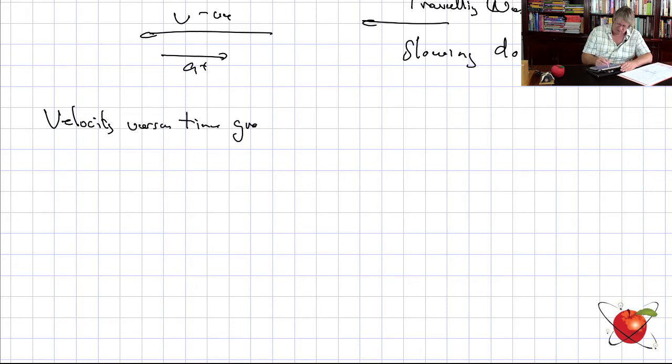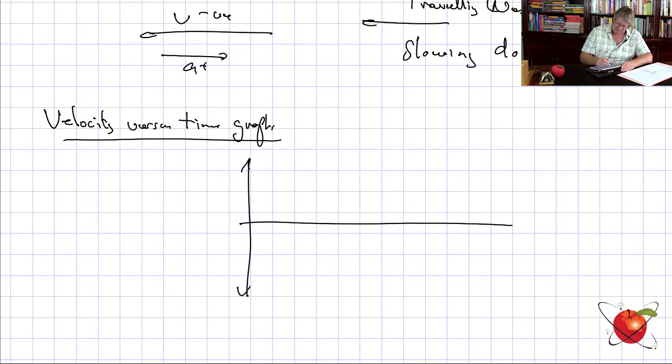Velocity versus time graphs. All right? Once again, here we've got plus v minus v, and here is, I'm just going to put it as a time axis. Same as the other ones, an axis of time. Now, what does it mean if I've just got a line here on the axis?